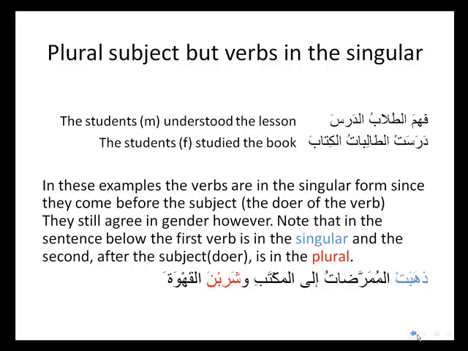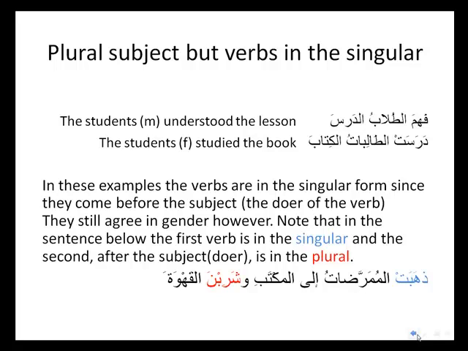Now, if you look at the last sentence here, in blue and red at the bottom, we have ذهبت الممرضات إلى المكتب وشربنا القهوة. Right? The first verb is in the singular form because it comes before the persons performing it.